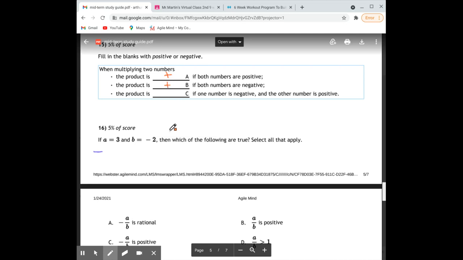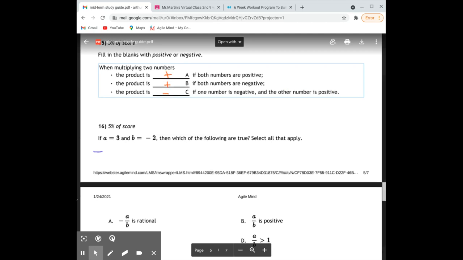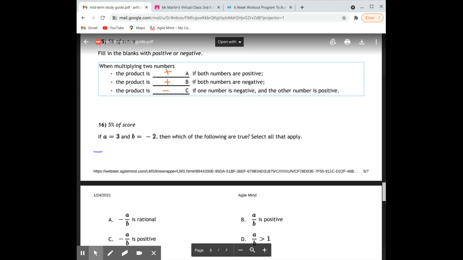When we have opposite signs and we multiply them, what do we get? A negative. And that's actually what this says. If one number is negative and the other number is positive, then the product will be what? Negative. Isn't B one of the problems where two negatives equal a positive?